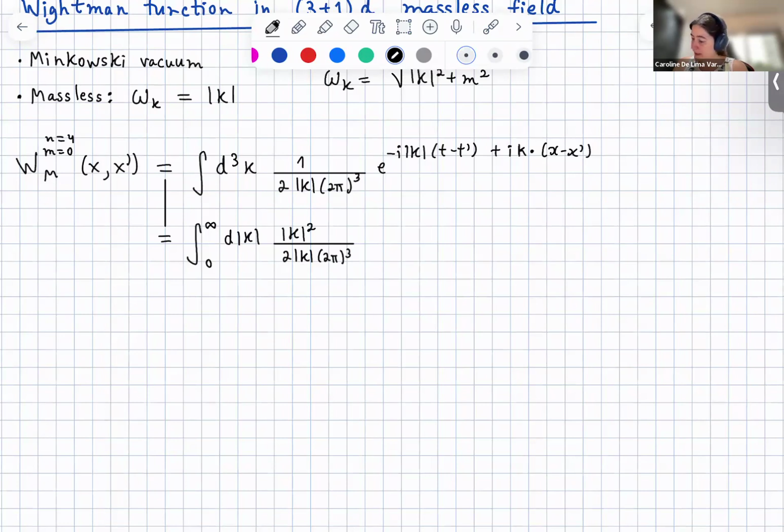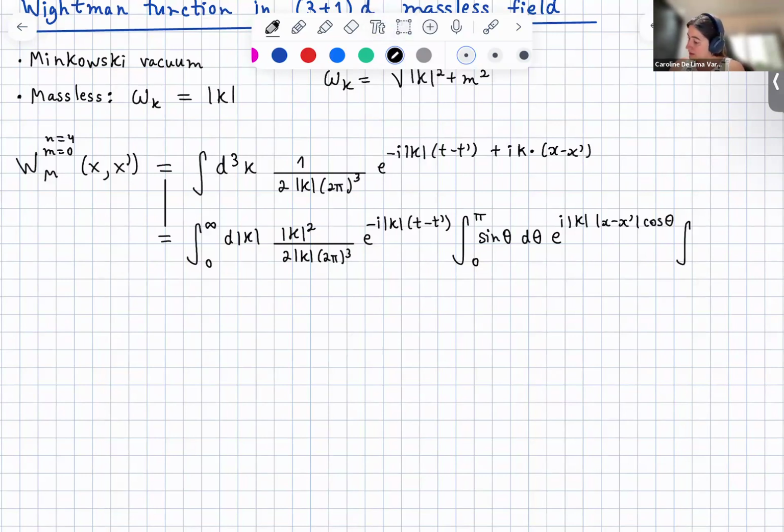Then I'm going to write the part that does not depend on the angles, okay? And then the part that depends on the angles, I mean, on just theta actually, which is going to be i norm of k, norm of (x minus x prime), cosine of theta.